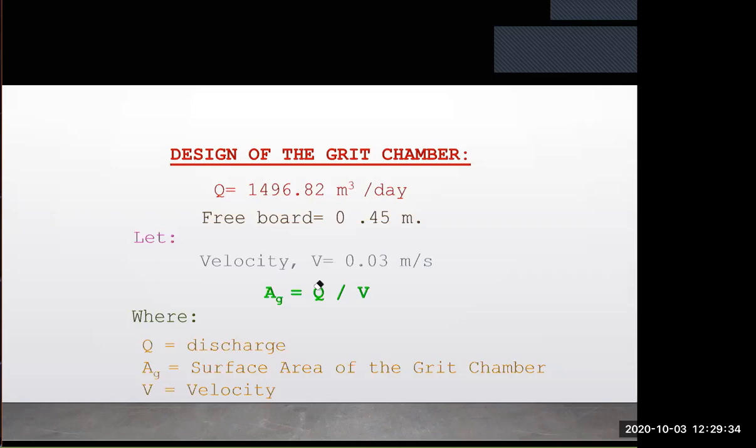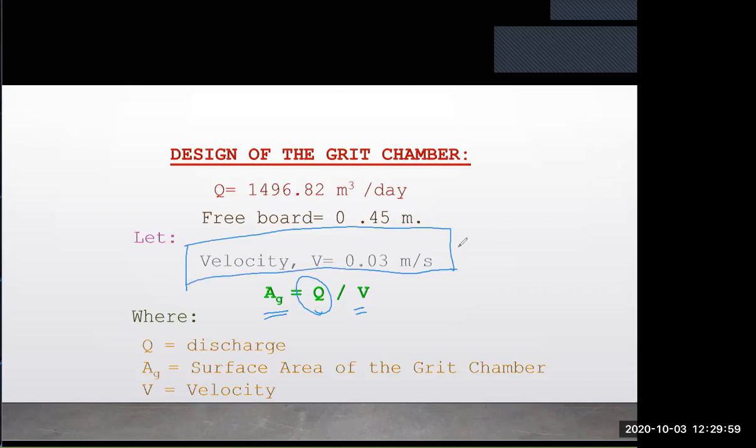You know the flow, the incoming flow, kaka-compute lang natin yan kanina class. You know Q, you need to determine the area of your grit chamber. And then you need to determine also your velocity.